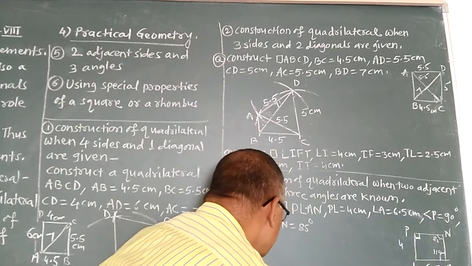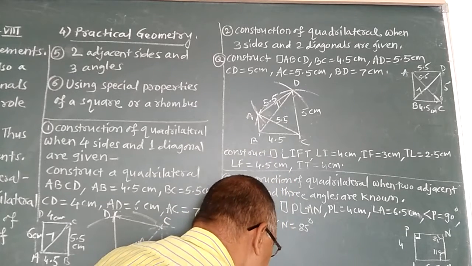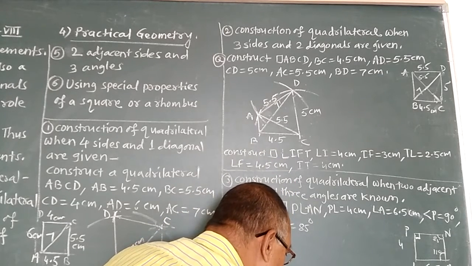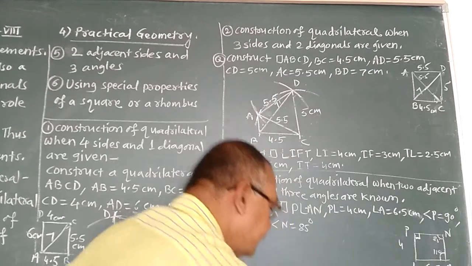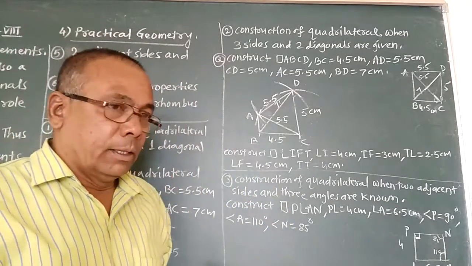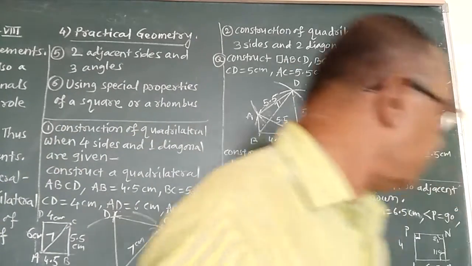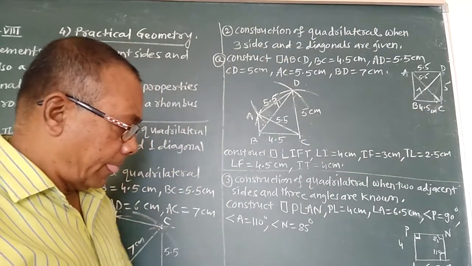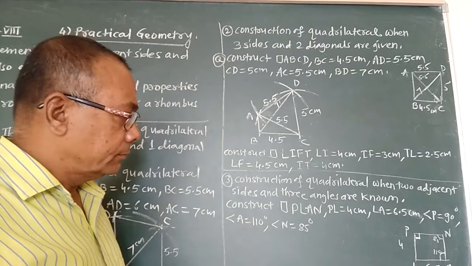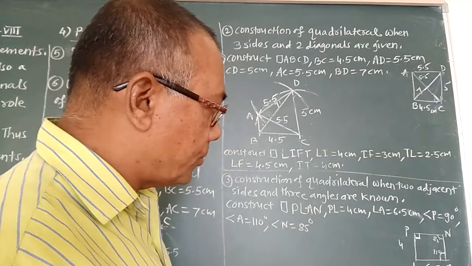So this is LA of length 6.5 centimeter. Now we have to take the angle here, that is angle A is equal to 110.